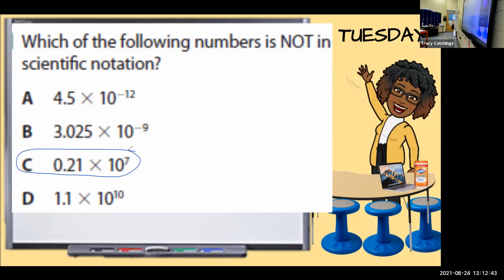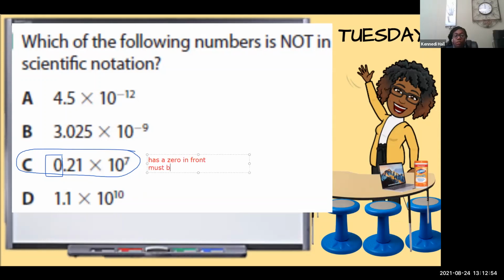Because the number has a 0 in front of it. And what did we say needs to be in front? A number greater than 1 but less than 10.